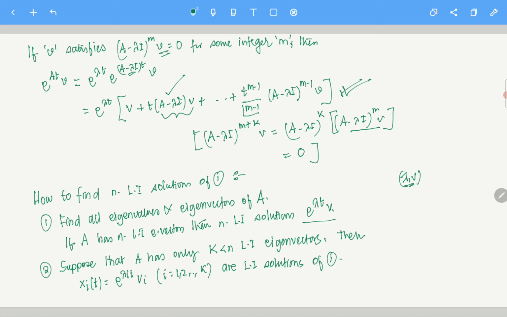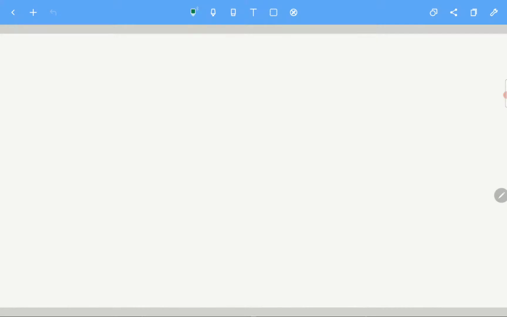My problem is how to find more solutions. I need n linearly independent solutions and I have k. So the question boils down to how to find the additional n minus k linearly independent solutions. Now how do you find it? So let's do that.